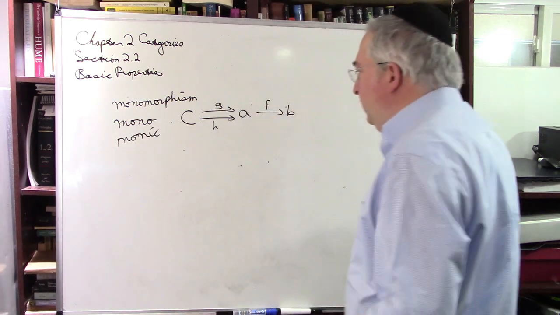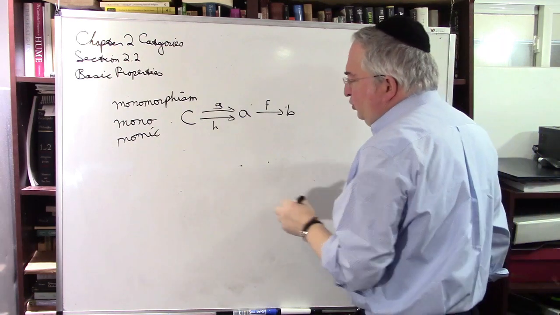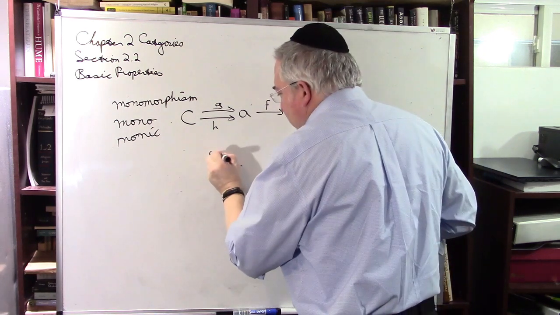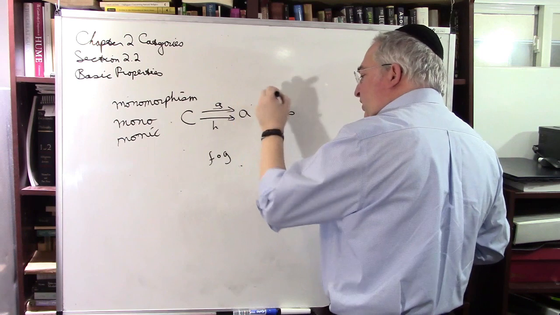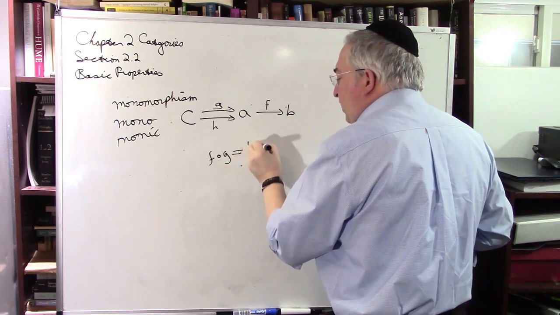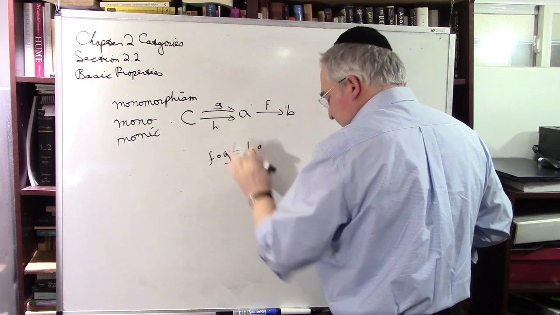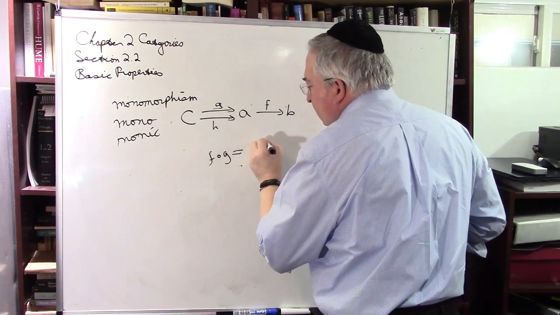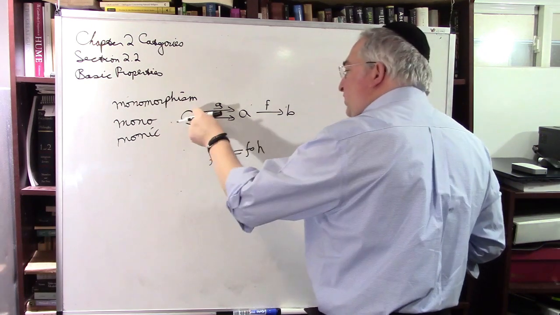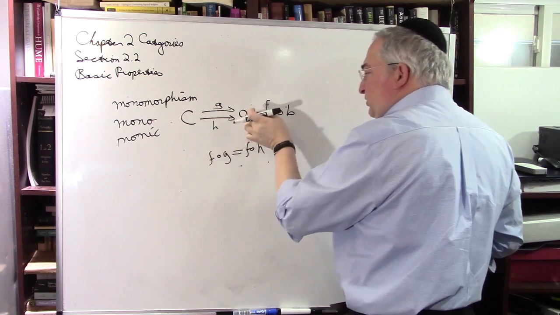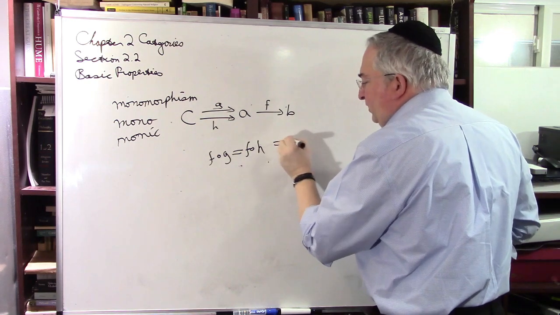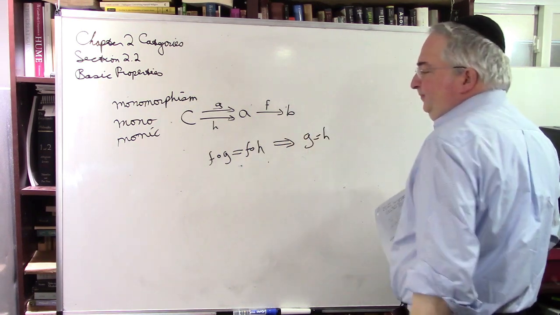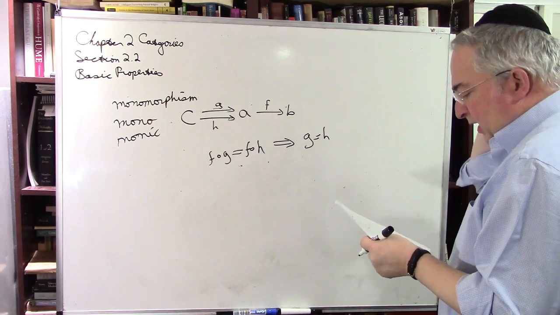Okay, it's a monomorphism if the following is true. If you first do G and then F equals first H and then F, in other words, if this composed with this is equal to this composed with this, that implies, when F is a monomorphism, that G is equal to H. This has another name.